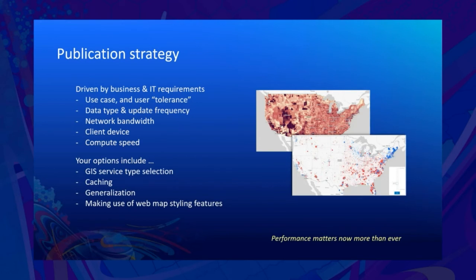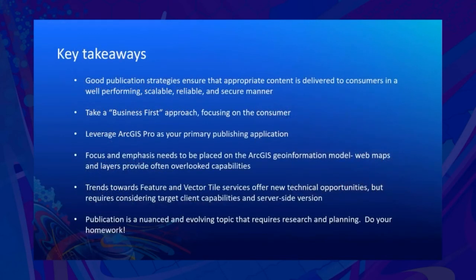In other words, those business requirements keep in mind what your end users are trying to accomplish, the devices they're working with, the kinds of infrastructure they're working with, and then using that information to drive the decisions on the technology side in terms of GIS services, which type of service, how to do caching, if to do caching, making use of generalization, making use of other options at the portal information model level that I unfortunately didn't get a chance to cover too much here.